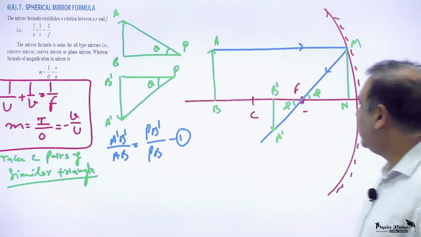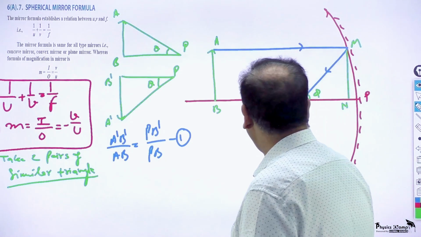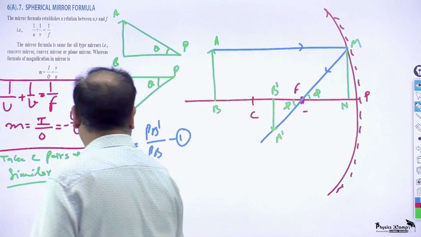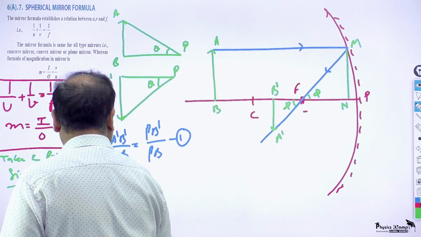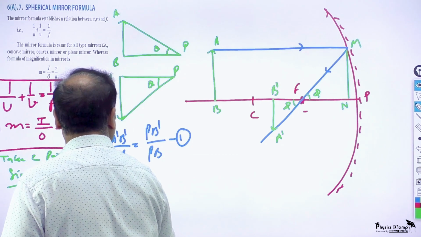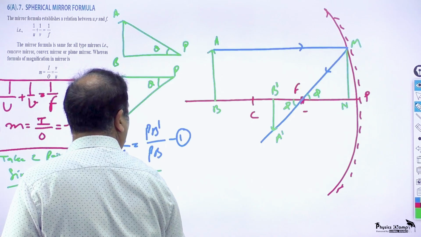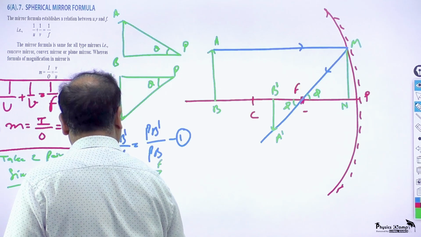So another pair of similar triangle, if I can see, it is A dash, B dash and P and F making an angle phi.